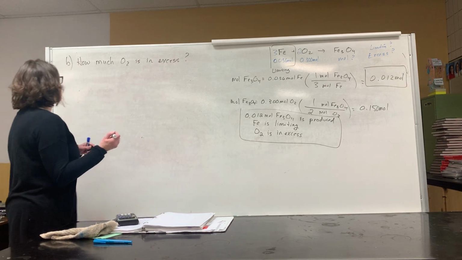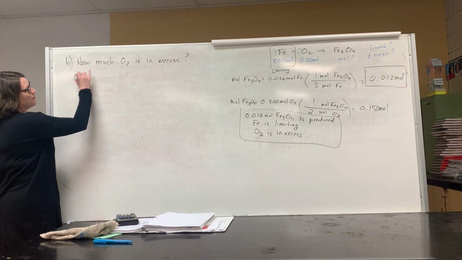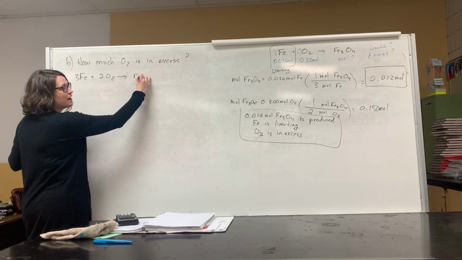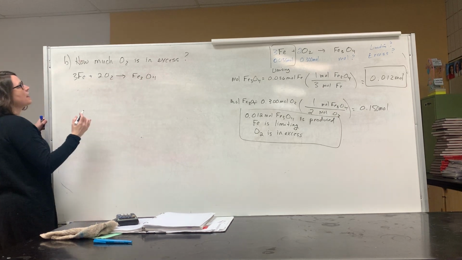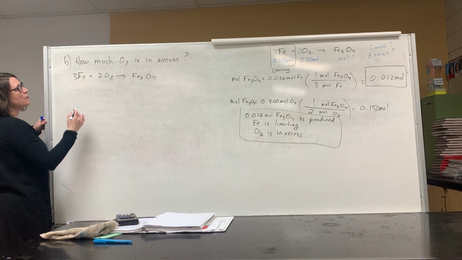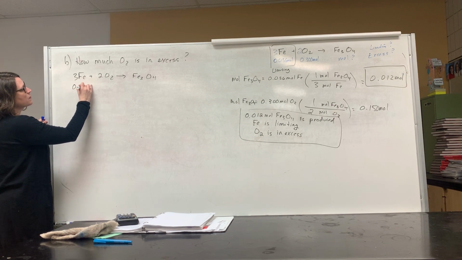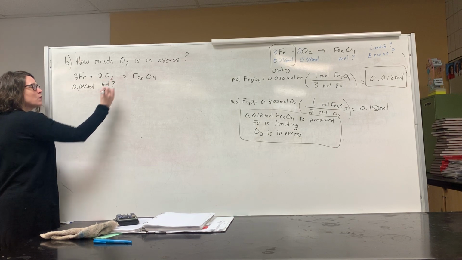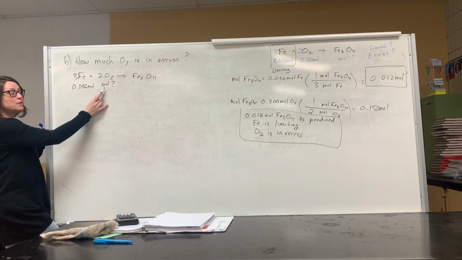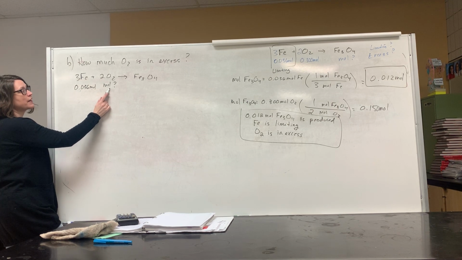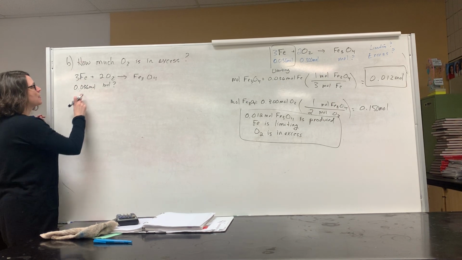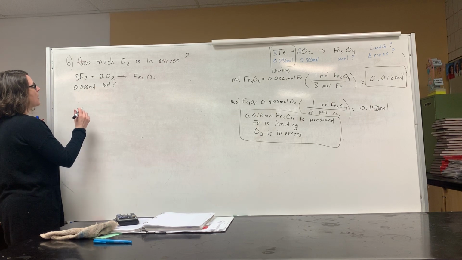So basically, it's like you have a new problem. Yay, you're all excited about that. And you know again that you used 0.036 moles of the iron, but you want to know how many moles of oxygen gas you ended up using. So how many moles of oxygen gas are going to react exactly with that 0.036 moles of iron here?